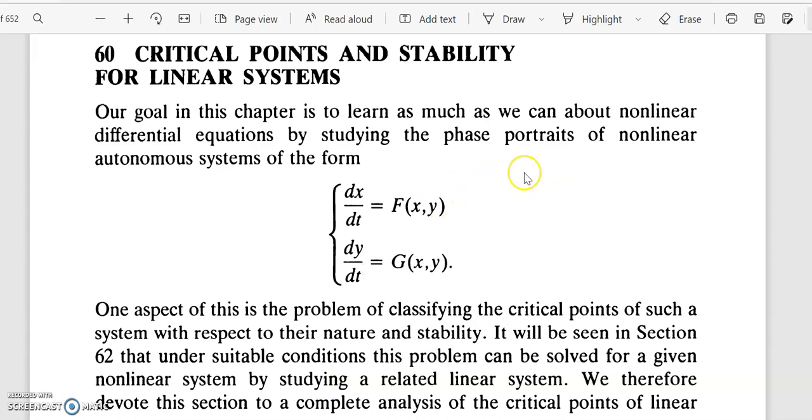So using phase portraits, using the paths traced by the solution curves x equal to x of t and y equal to y of t, we have analyzed how to obtain the different types of critical points and how to define stability. So in today's class, we will be looking at a linear autonomous system.